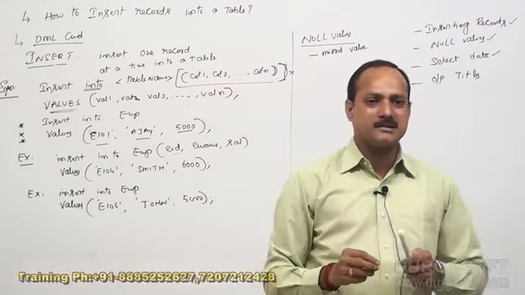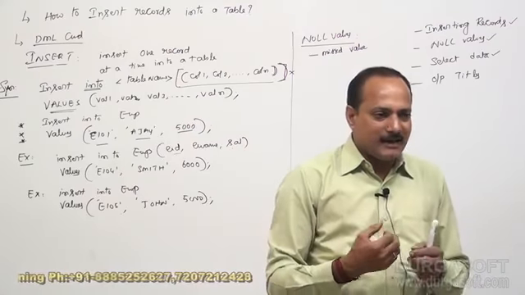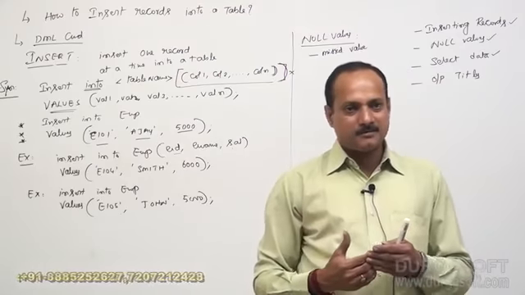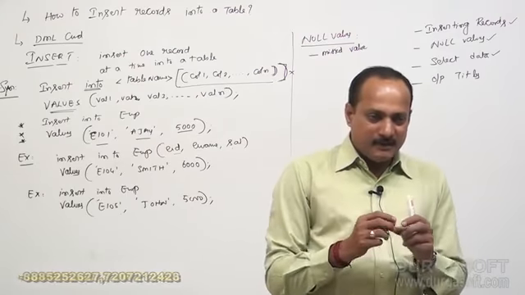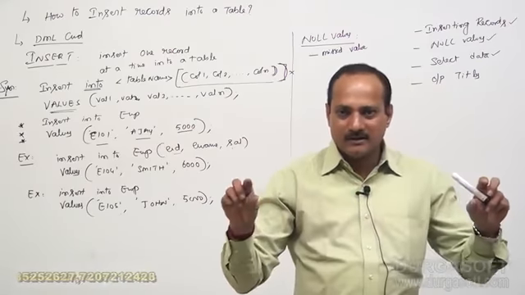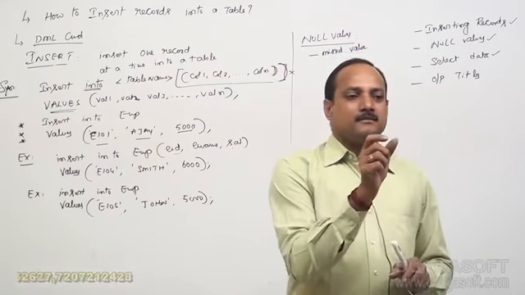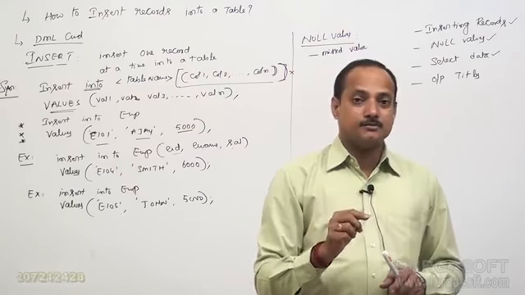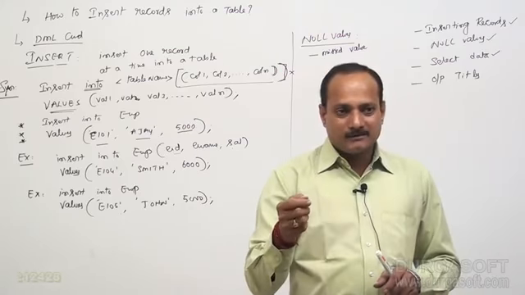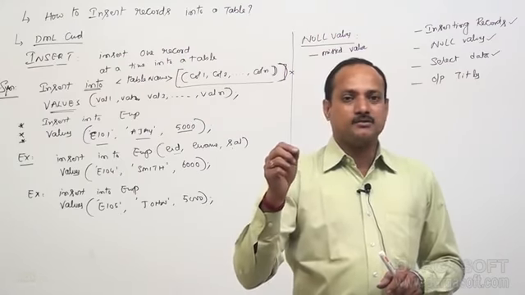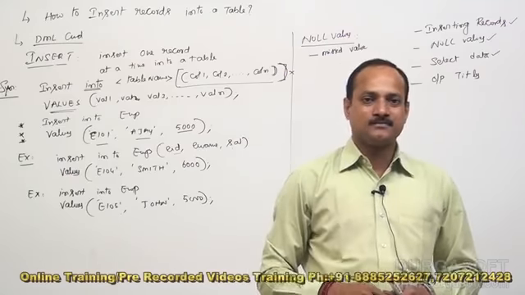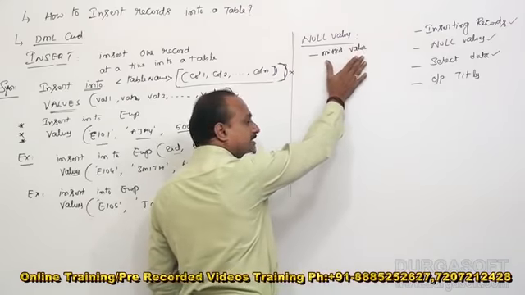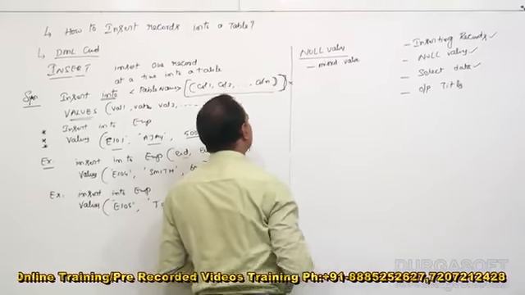But here I am not submitting these 2 values. Still they will accept my information, and it will be entered into the table as a record. In that record, my email ID value is entered as a blank value, meaning null value, and my PAN card number value is also blank, which is called a null value. What is a null value? A value missed while inserting data is called a null value.